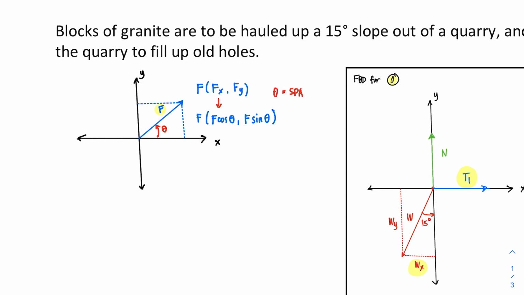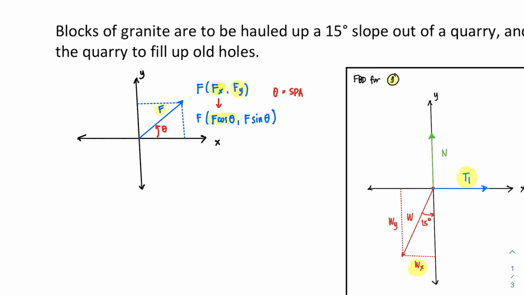Whenever you deal with the x component of the force, recall our discussion on resultant vectors, you just take the cosine of the angle theta multiplied by the force F. So the x component of force F is just F cosine theta.